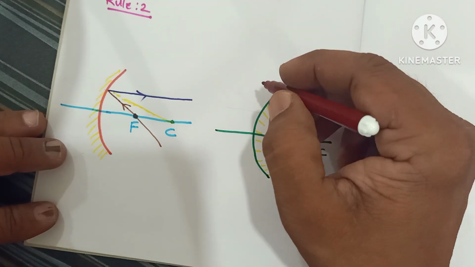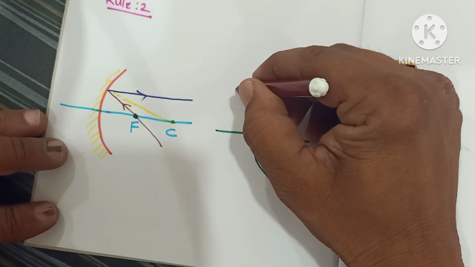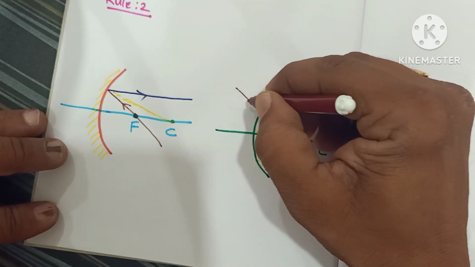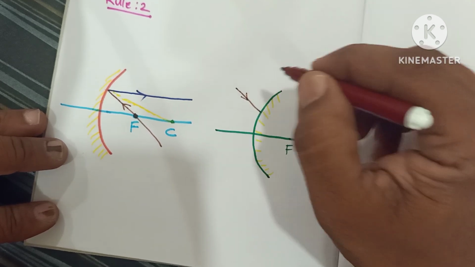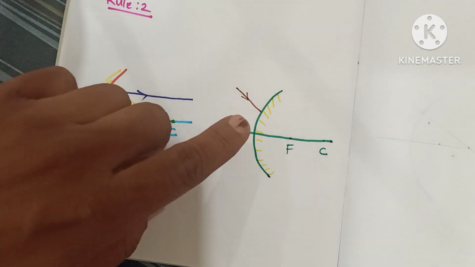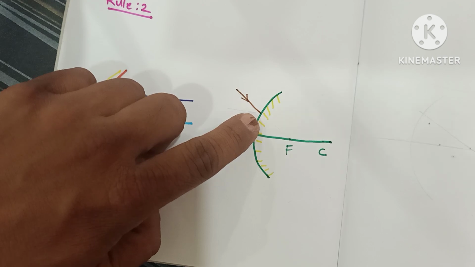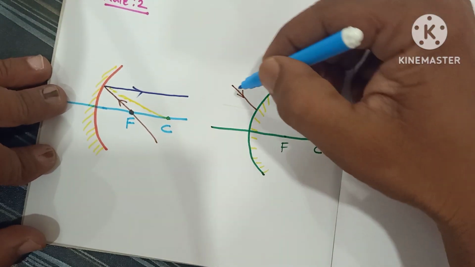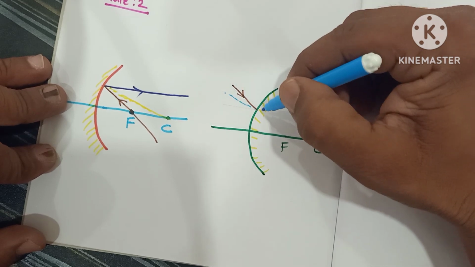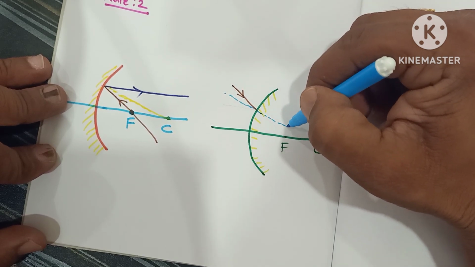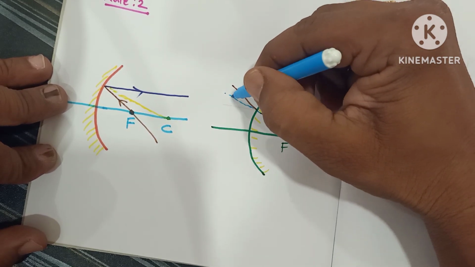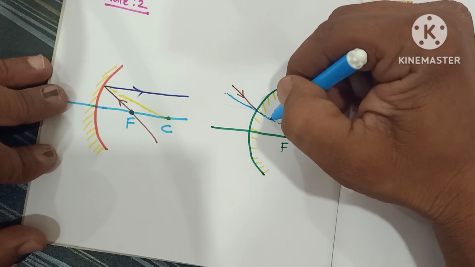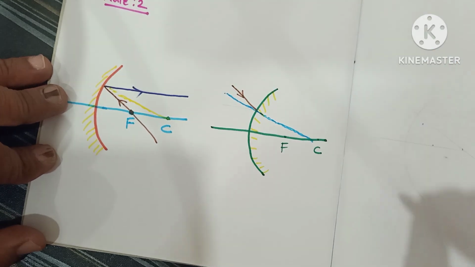Now if we consider this ray incident at this point, and we draw a normal at this point which passes through the center of curvature. So the normal drawn at the point of incidence always passes through the center of curvature.